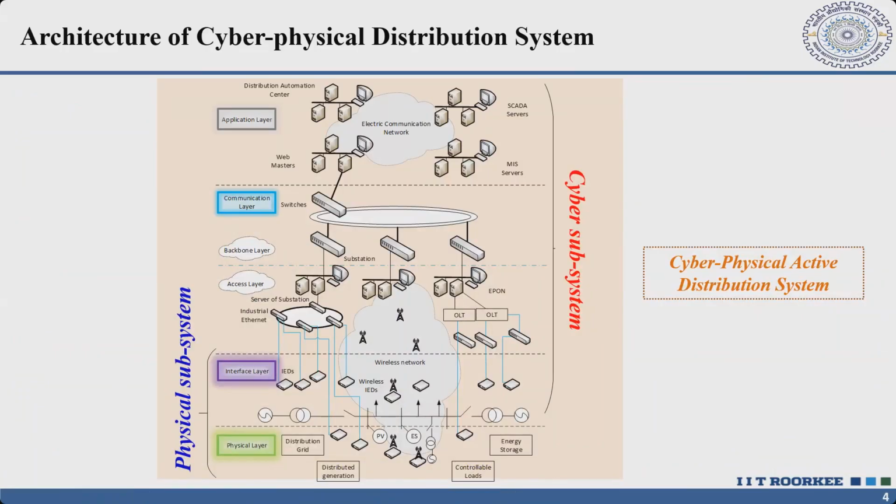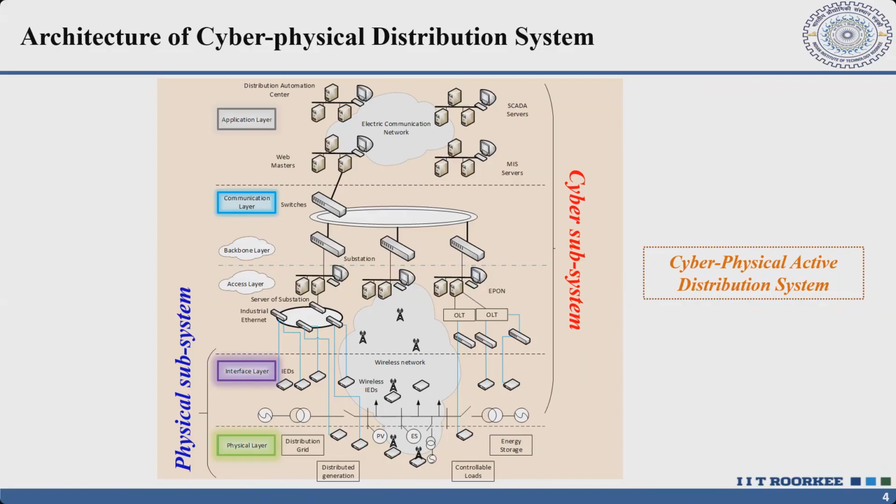From the bottom, there is one layer known as the physical layer. This is where you connect your DERs, battery energy storage system, all types of loads, and even conventional transformers and switches at distribution level. They acquire the data using CTPT or sensors. That is your physical layer.